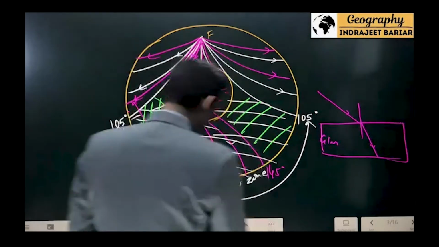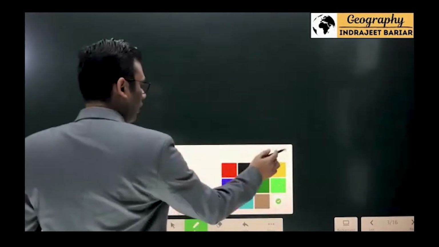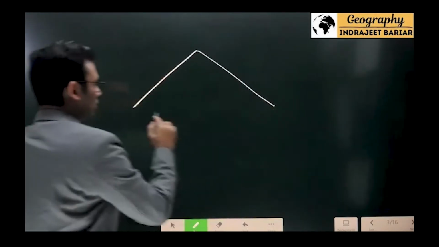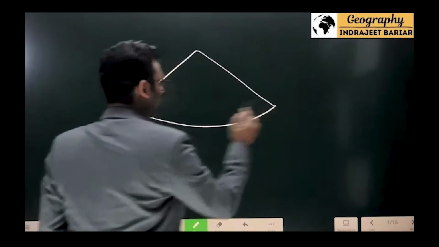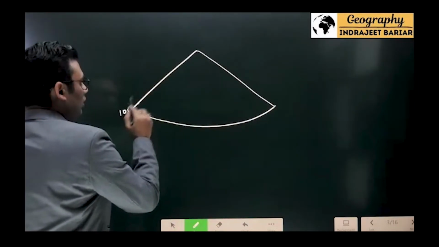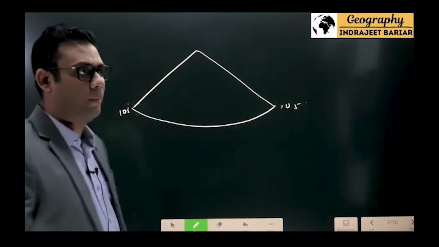So if I now say the S shadow zone, how will the S shadow zone look? It will look like this and this. Correct? This is 105 degrees, let's say. This is the S shadow zone.